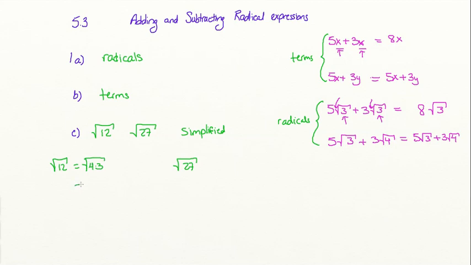Root of 4 is 2, so this will be 2 root 3. 27, square root, so we need basically a 9 times 3, so that's going to be 3 root 3. Yes, so they are like radicals because they both have a square root. Inside the square root is a 3.